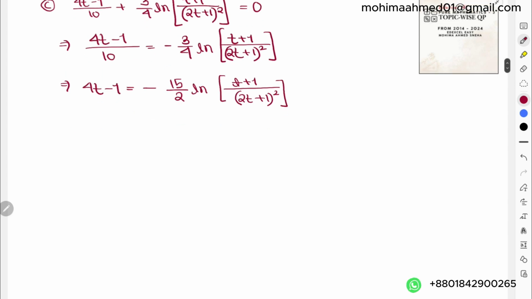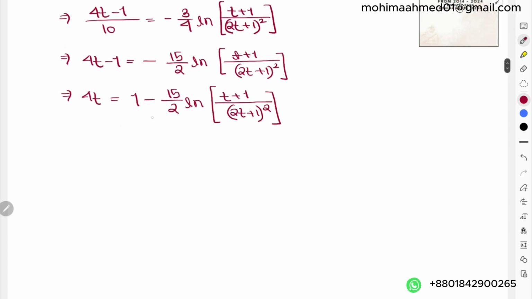And then after this, you take this 1 to the right hand side, so 1 will be positive, so 4t equals 1 minus 15 over 2 ln of (t plus 1) over (2t plus 1) whole square, like this one.